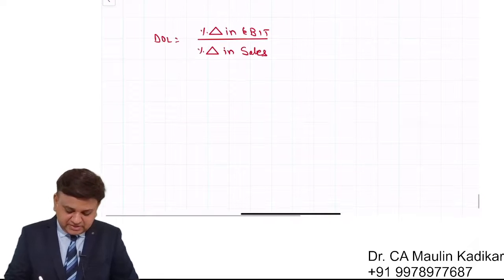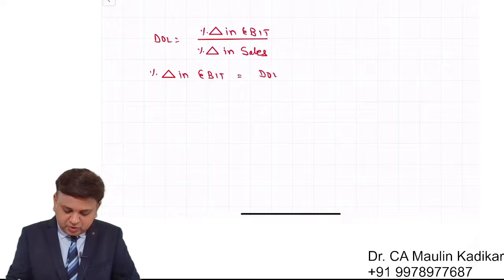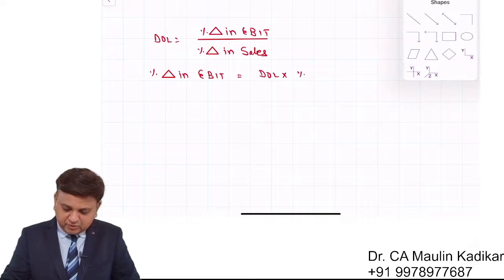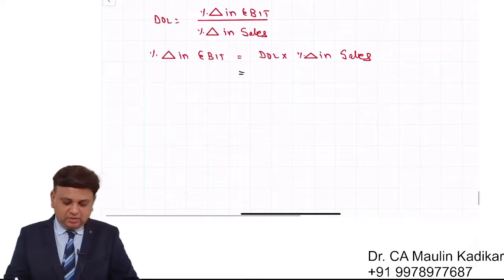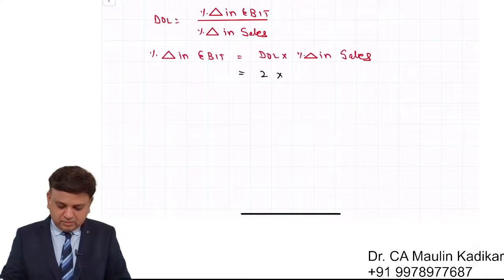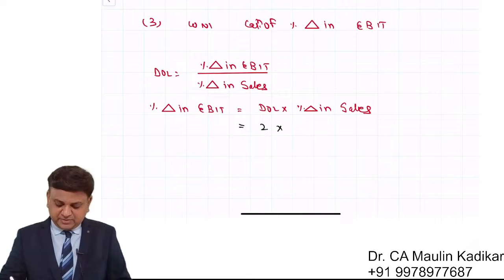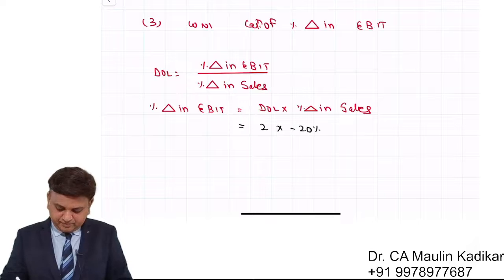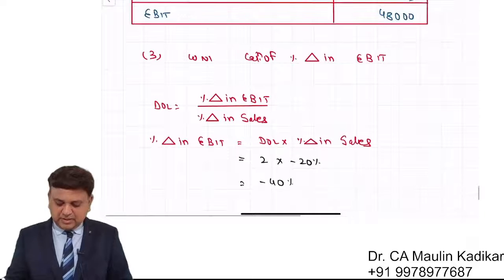So percentage change in EBIT is equal to DOL into percentage change in sales. What is DOL? DOL is, in our example, 2, multiplying with the percentage change in sales. You can see it reduces by 20%. So it reduces by 40%. Like that we understand.